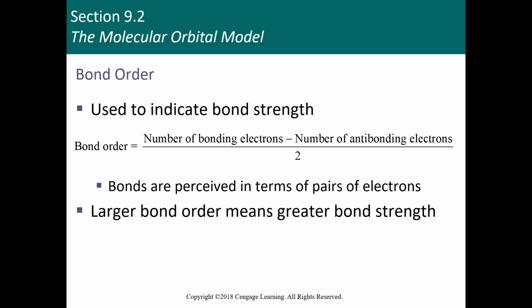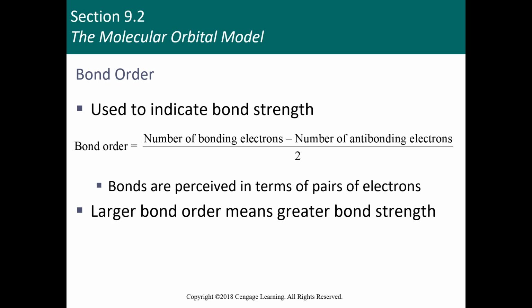So these bonds are going to be perceived in terms of pairs of electrons being shared, cementing these two atoms together, or tearing them apart. The larger the bond order, the greater the bond strength, so 2 would be a double bond, 3 would be a triple bond, and so on.